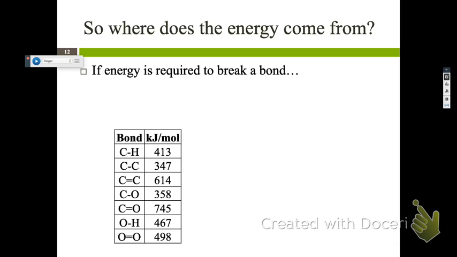So, do you guys think that we're going to get the same change in enthalpy if we thought about individual bonds breaking and forming as if we did the standard enthalpy of atomic combination values?